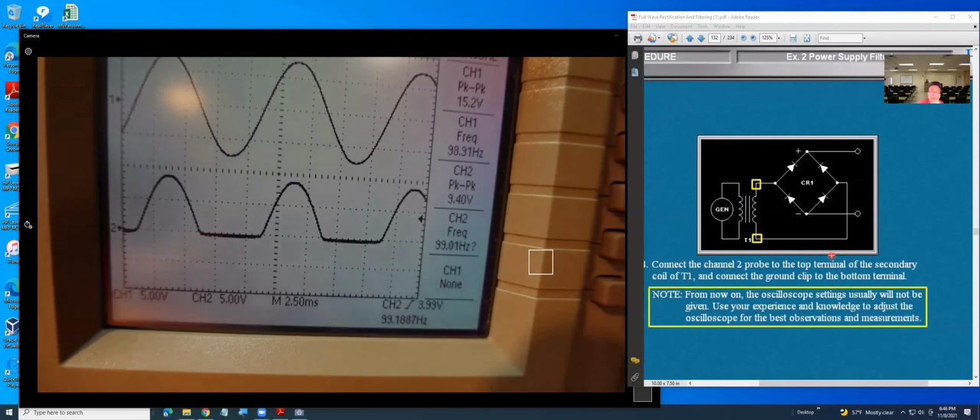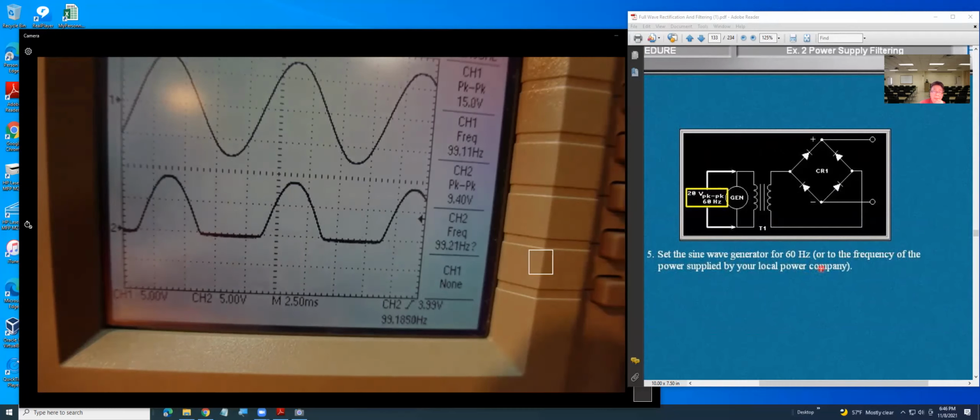Okay, so now they want 20 volts and 60 Hz. Right now, the generator they want 20. Set the generator to 60 Hz.